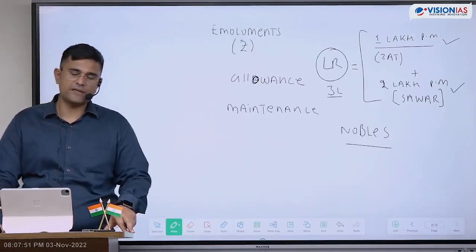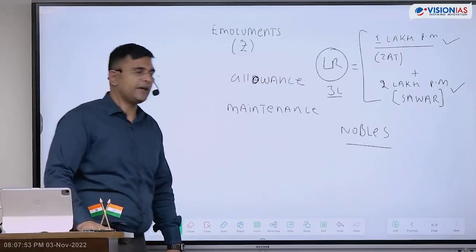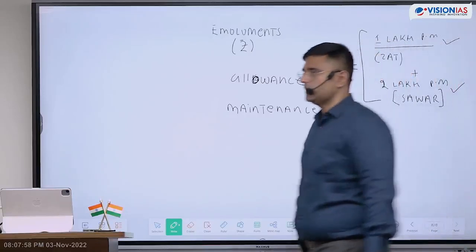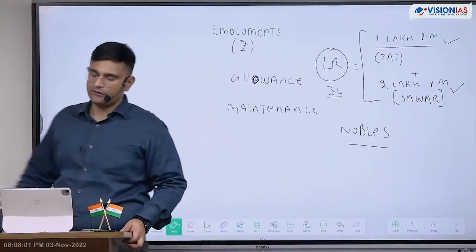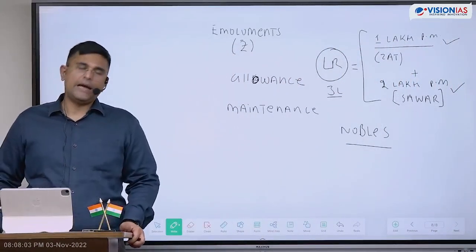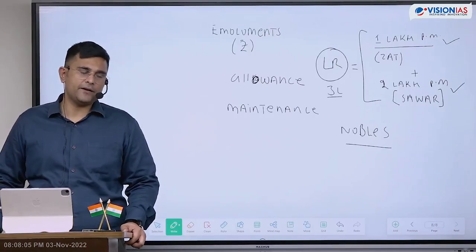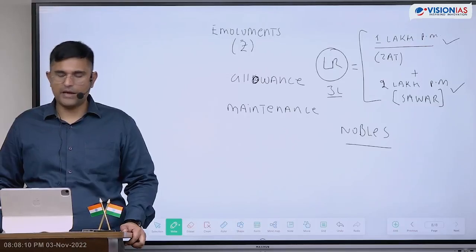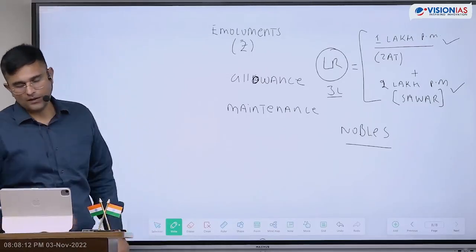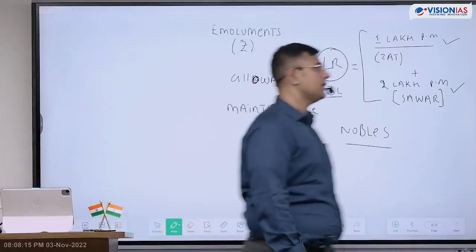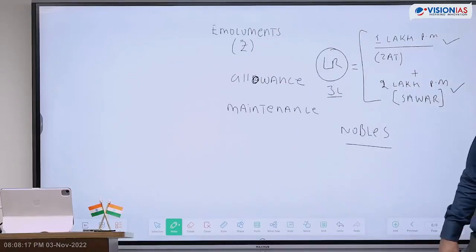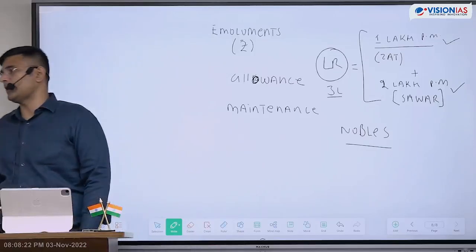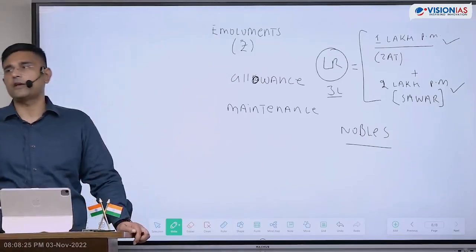The king gave Mansab and Jagir, and in return the Mansabdar gave his loyalty and maintained army for the king.